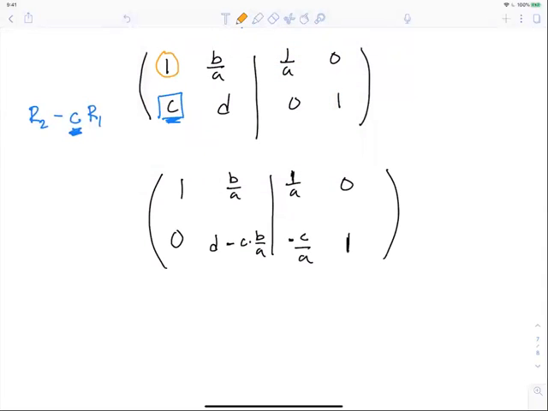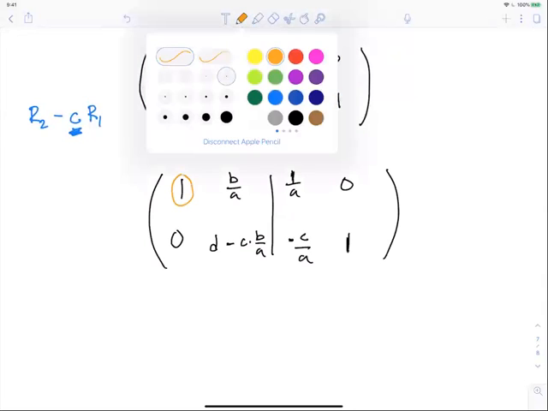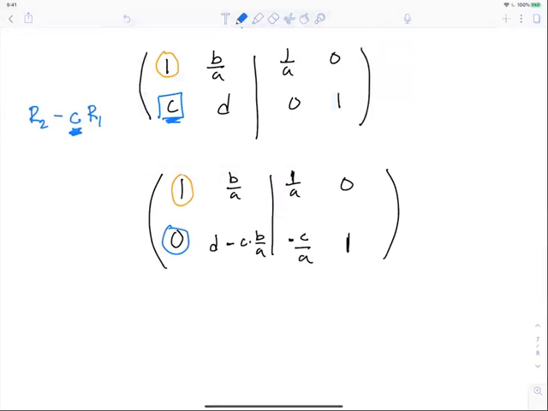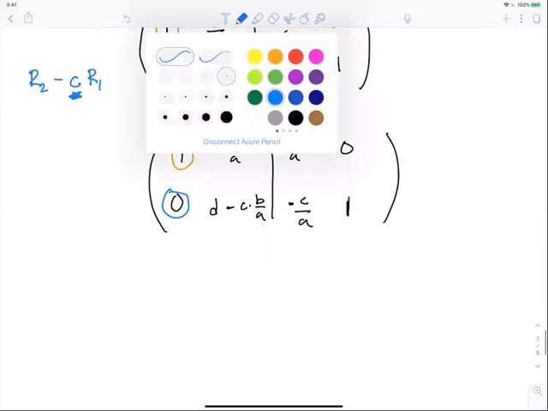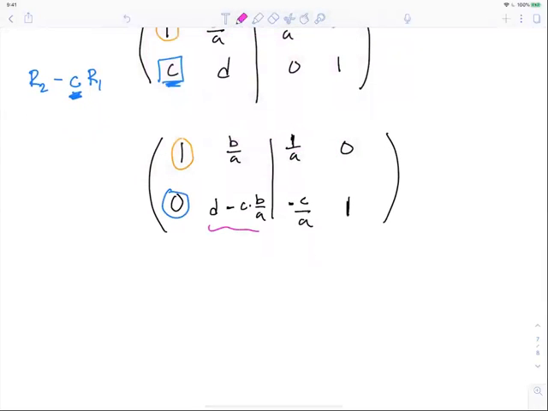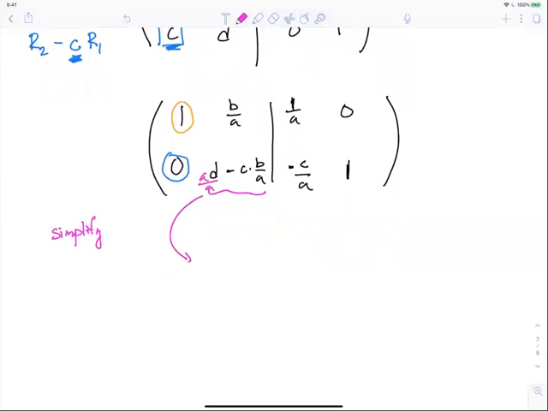So we're almost halfway there. We have that 1 and we have that 0. Before we do anything else, we're going to simplify this guy. And we're going to do this with a common denominator. So we're going to put an A over A here, and then make it one fraction. So what happens when we do that?